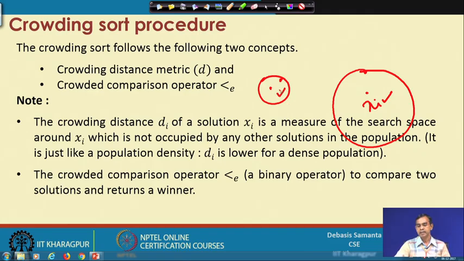Another physical meaning is that if the crowding distance is very large, this solution lies in a less populated region.